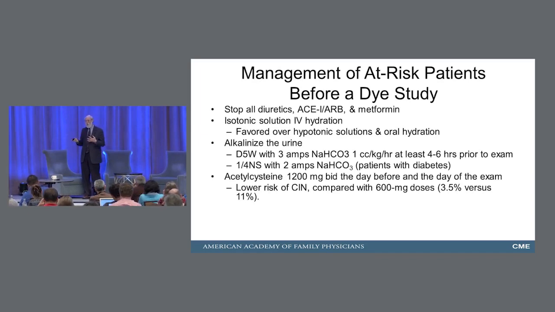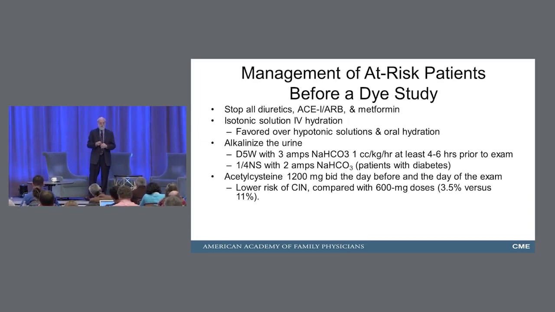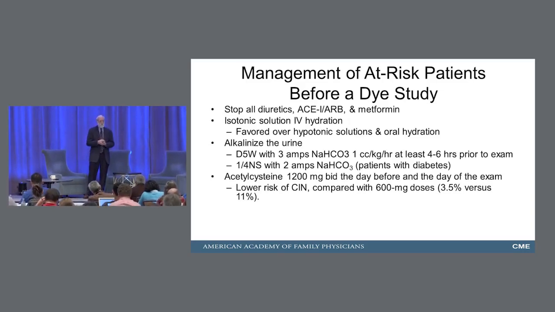So how can you manage them to decrease your risk? You stop all your diuretics, ACEs, ARBs, and metformin before your dye study. Hydrate them well with isotonic solutions. Alkalize, not acidify the urine. And then you can use acetylcysteine. Current recommended dose, 1,200 milligrams twice a day, day before and day of. Now, there is some controversy about this.